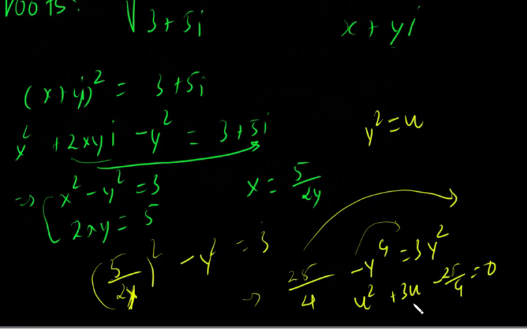And as we get u, we can actually find y, and from that we find x. Now I'm not going to solve this because we have already mastered the solving of quadratic functions. But that is basically how you find the roots of a complex number. So basically, set x plus yi, square it, and find x and y. So that is the operation on complex numbers.